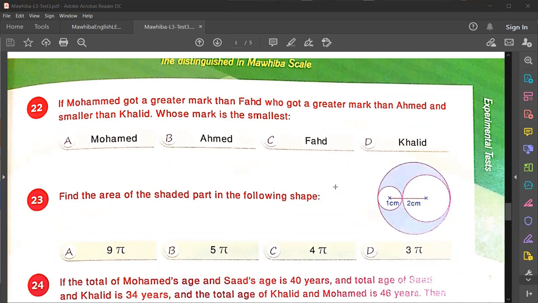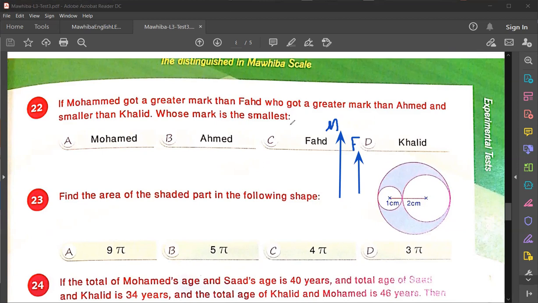Muhammad got a greater mark than Fahad, right? We write it here, Fahad.